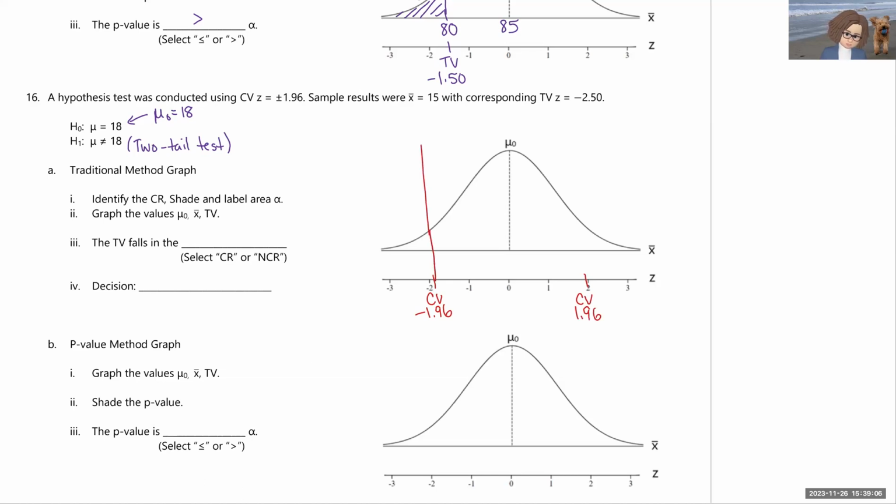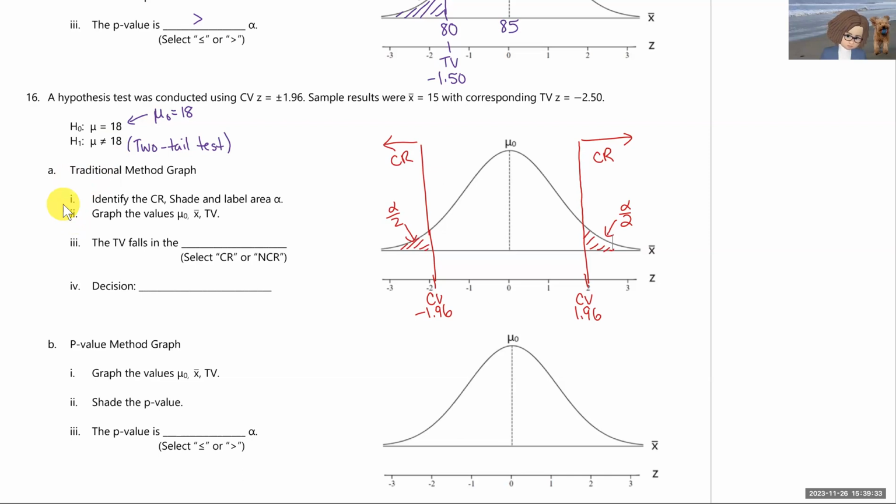So for a two-tail test, half of alpha is in the left tail and half of alpha is in the right tail. All right, so label area alpha. Well, half of it's there and half of it is there. So alpha over 2 on either side. All right, so let's take care of part 1.